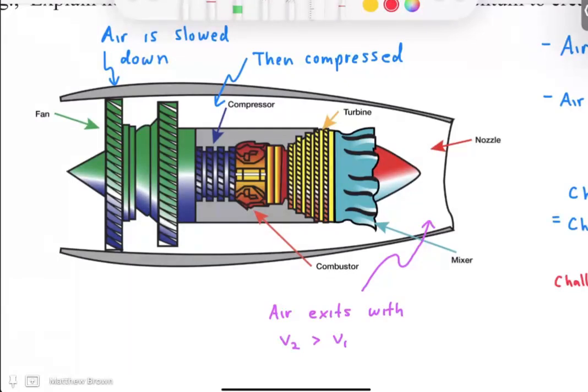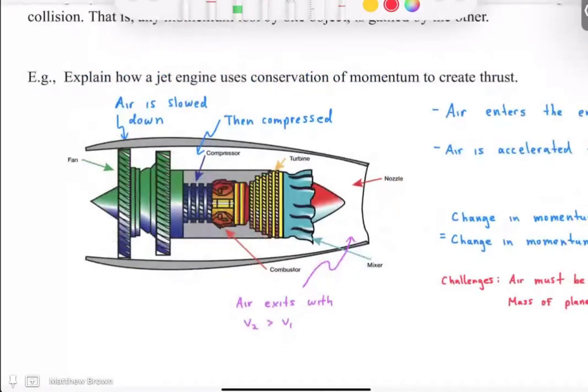And it's really just that delta V, that momentum that you're adding to the air, that's going to give you momentum. That's the whole idea: whatever extra momentum you give the air, that's the momentum of the jet.